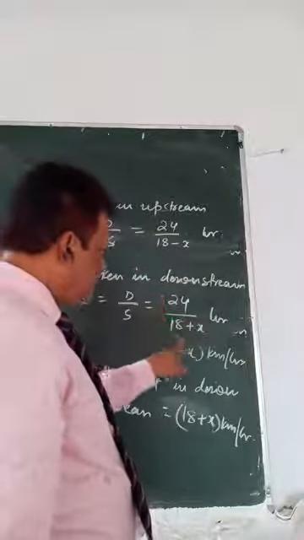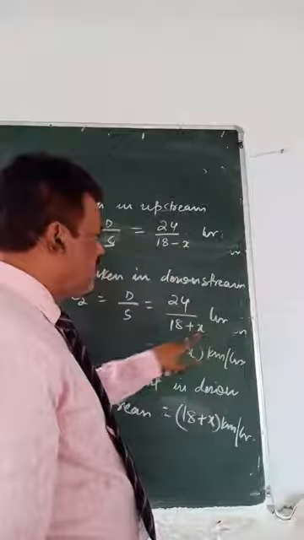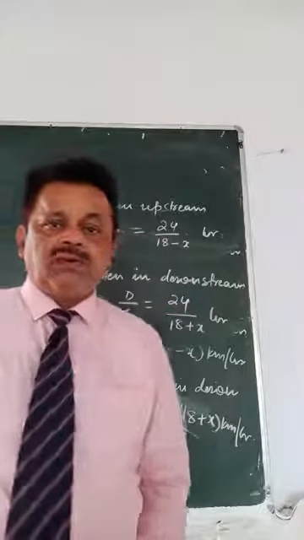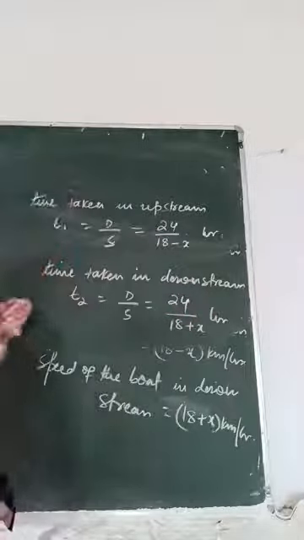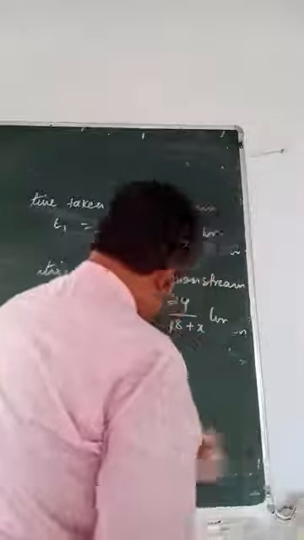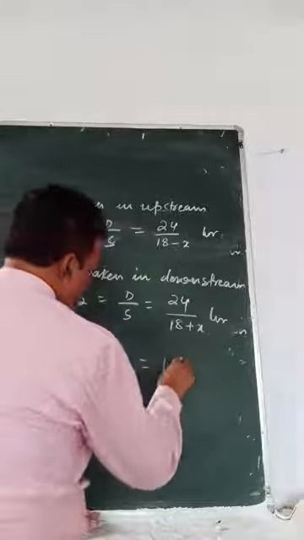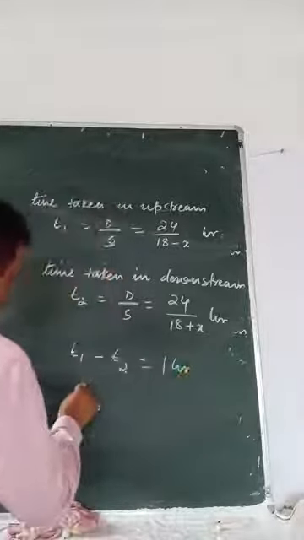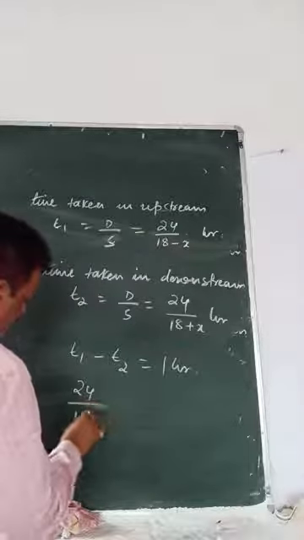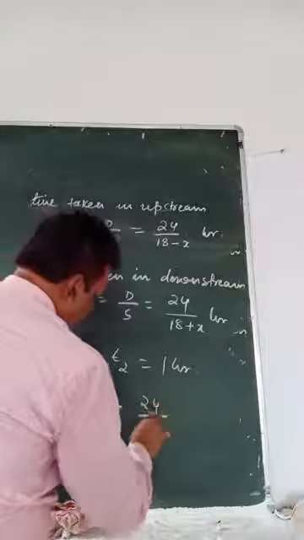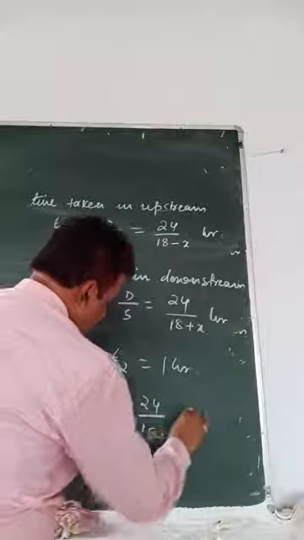When the denominator is bigger, the value is smaller. That means this is bigger minus smaller, time taken is 1 hour. So we write here T1 minus T2 is 1 hour. That means 24 by 18 minus x minus 24 by 18 plus x equals to 1.